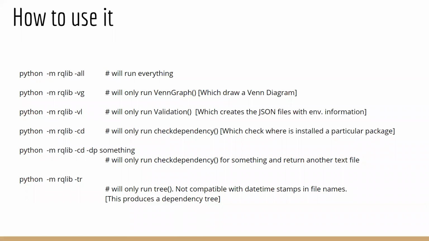So it's almost impossible for Luigi to go back to the already processed file and go on from there. So I suggest you disable the timestamp mode if you specifically want to run the tree alone.